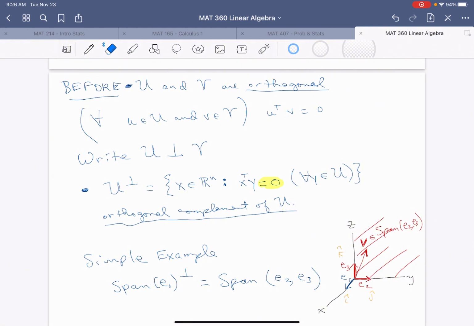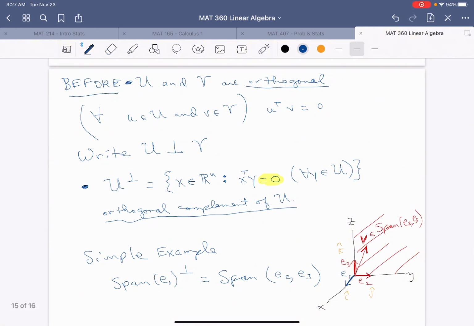Any vector that's parallel to the x-axis would be orthogonal to any vector in the yz plane, and in essence the yz plane is the span of E2 and E3. Okay, so that's just a review of where we made it to last time.